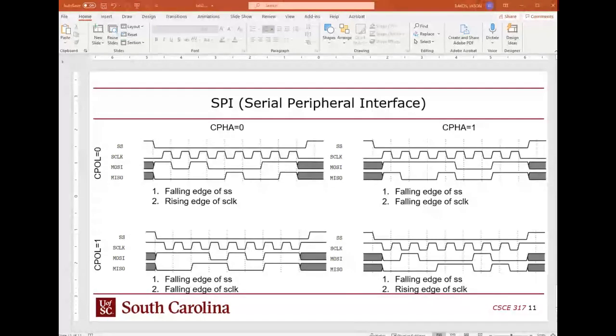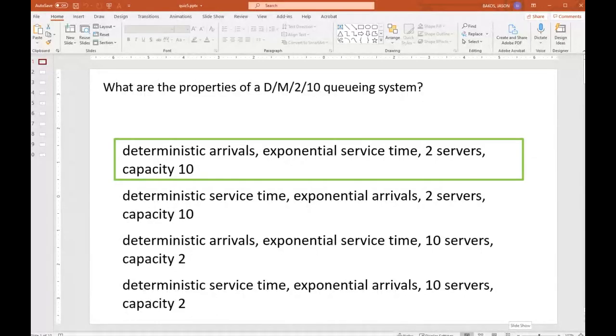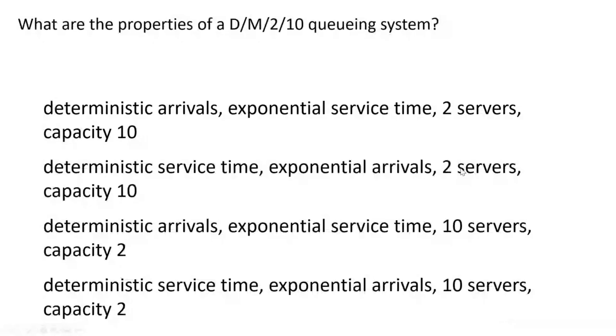All right, so let me now switch over to quiz 5. Quiz 5 was on queuing theory. Question 1. Hopefully you can see my quiz 5 slides here. What are the properties of a D/M/2/10 queuing system? This is something you just have to look up.